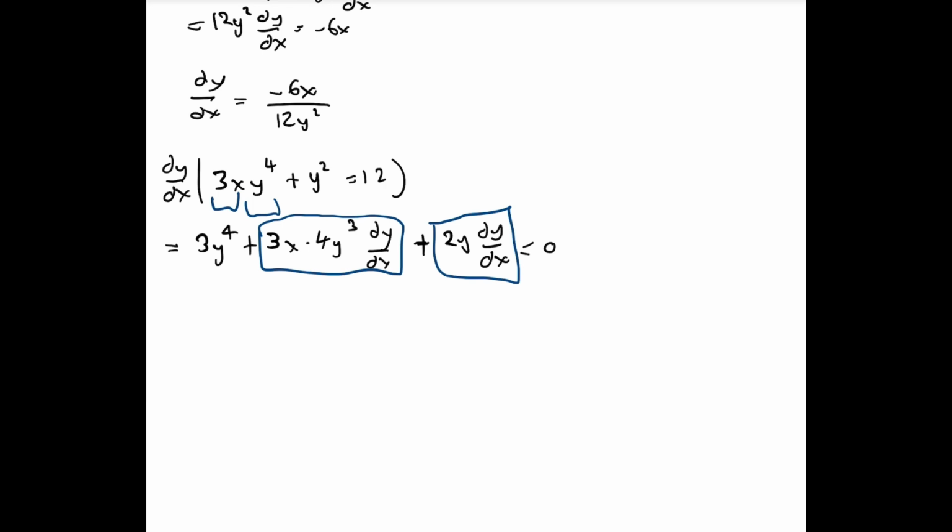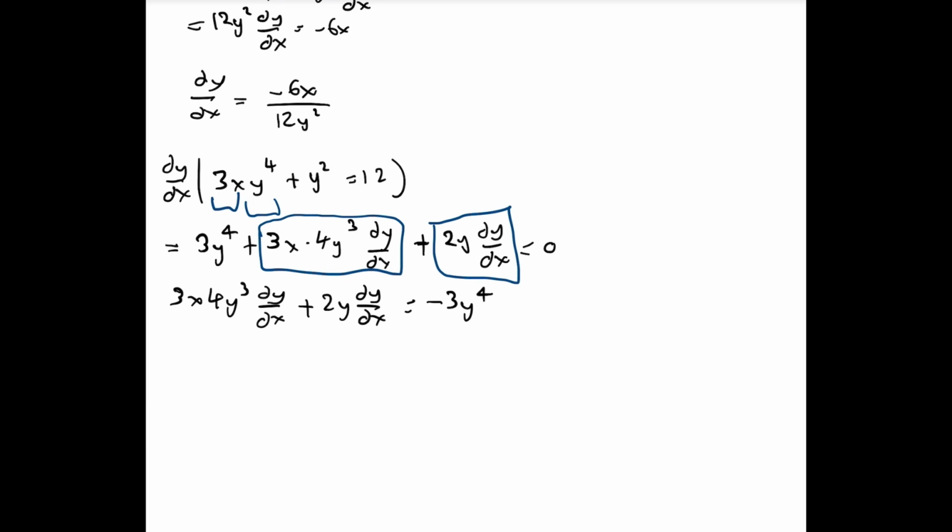But first I'm going to take 3y to the power of 4 from both sides. So I'll write out what I'm keeping on this side: 3x times 4y cubed dy/dx plus 2y dy/dx equals minus 3y to the power of 4.